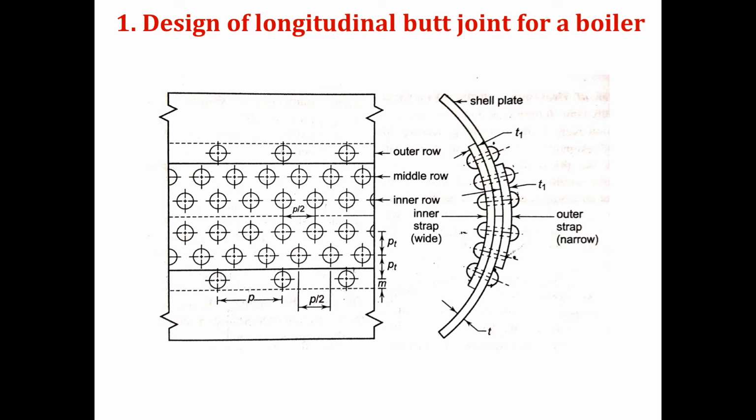This is how a longitudinal butt joint for a boiler looks. Normally we use a triple riveted double strap butt joint. If you want, you may note it down. If I am designing a longitudinal butt joint for a boiler shell and nothing is given in the problem, we will normally go for a triple riveted double strap butt joint.